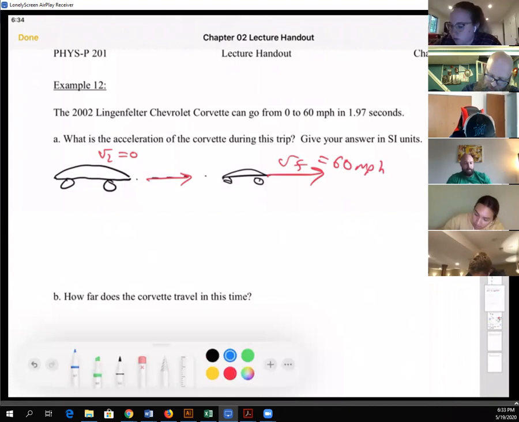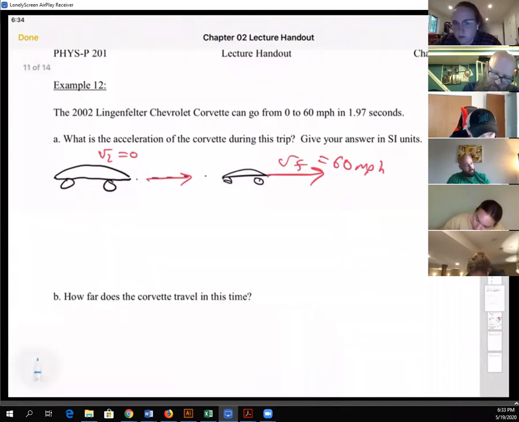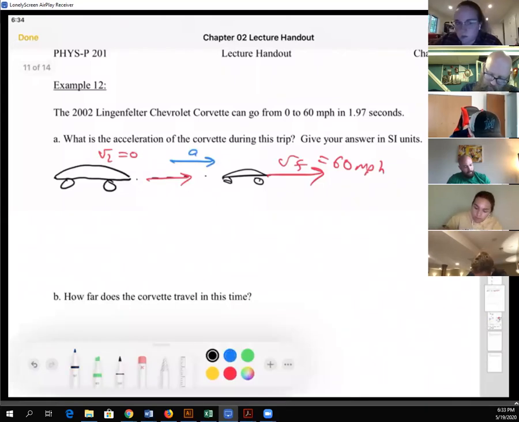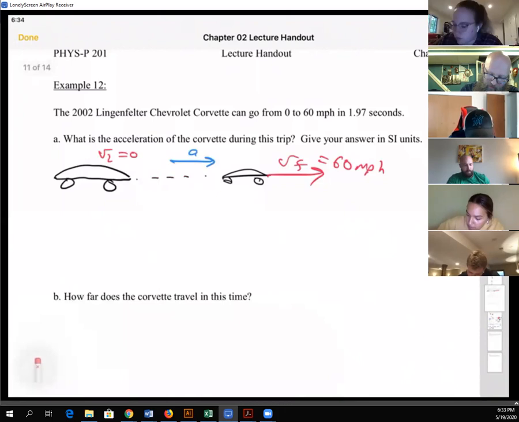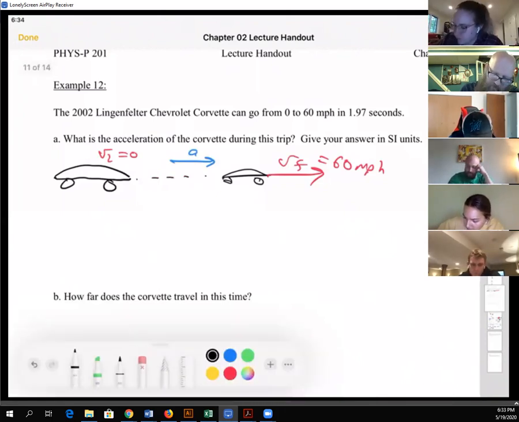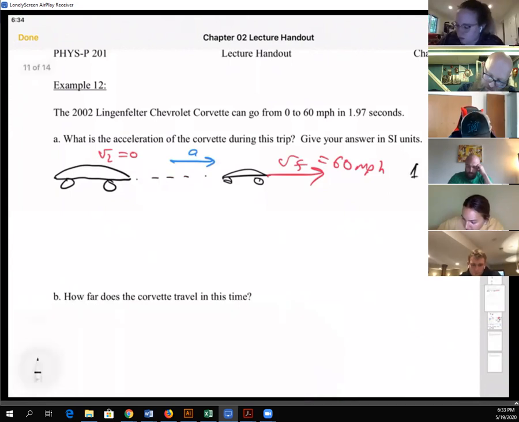I'm going to assume that this motion is constant acceleration. Probably not entirely true, but not a terrible approximation. Okay. What else do we know? We know a time. We know that delta t for this motion is 1.97 seconds.